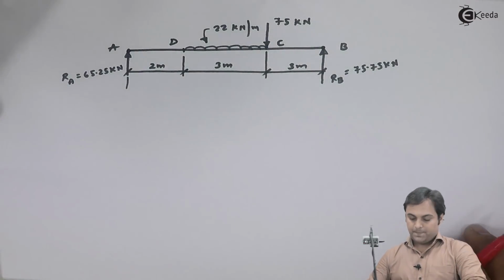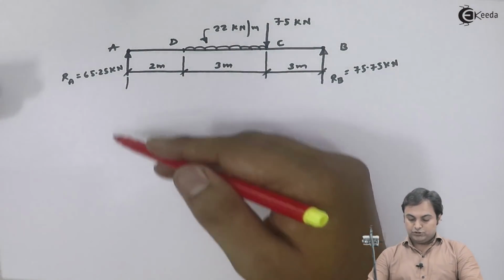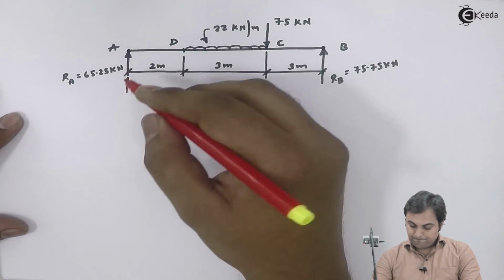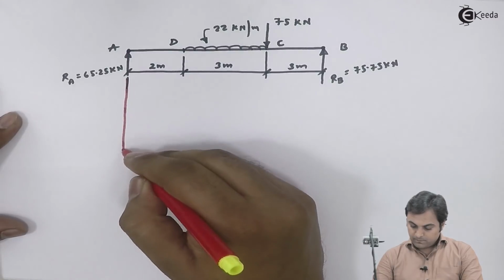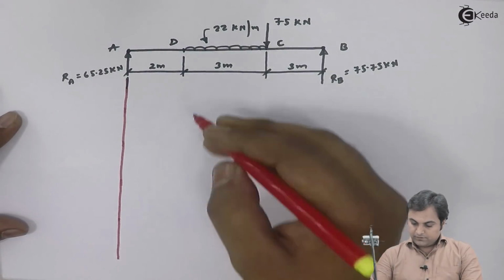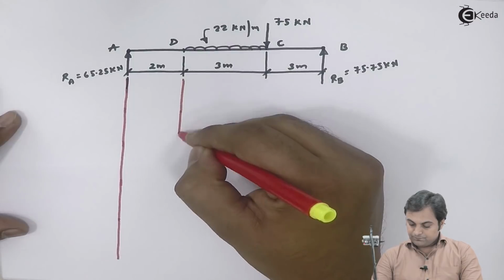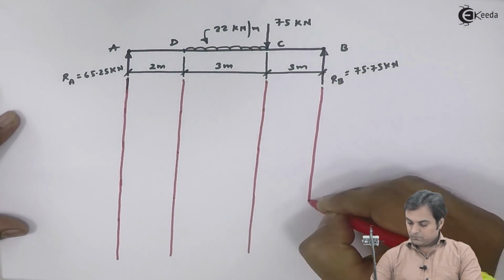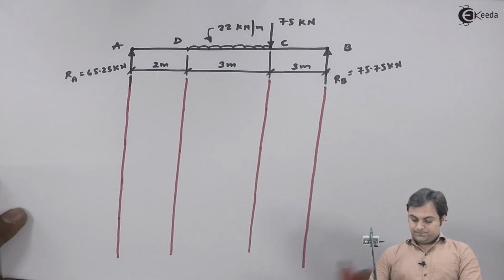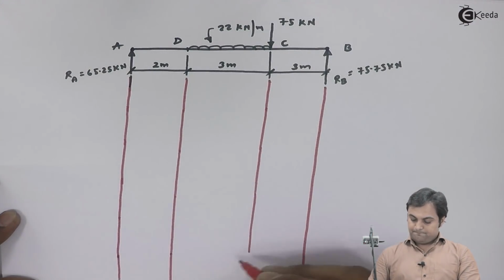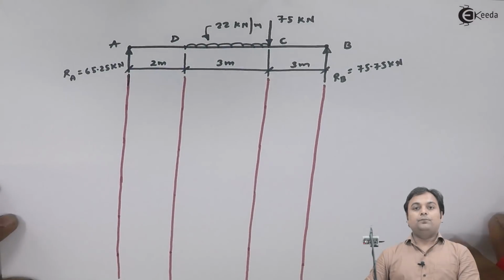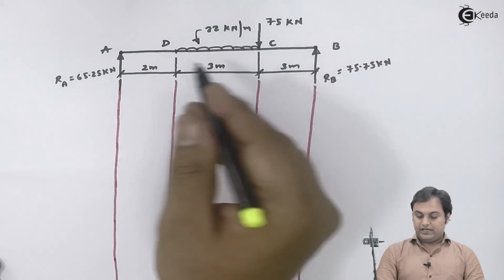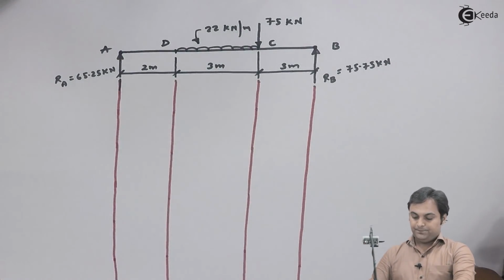Now the first thing is, for drawing SFD, we need to project all the points downward, that is starting from point A, then point D, at last point B. Now for drawing shear force diagram, the length of the shear force diagram should be equal to the length of the beam.